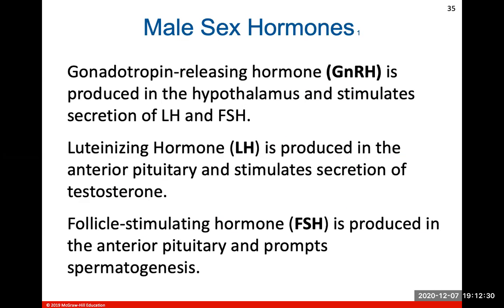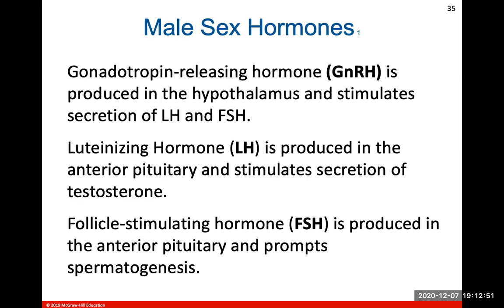Gonadotropin releasing hormone, GnRH, is produced in the hypothalamus and stimulates luteinizing hormone and follicle stimulating hormone. This will begin at puberty. LH is produced in your anterior pituitary gland and stimulates secretion of testosterone.